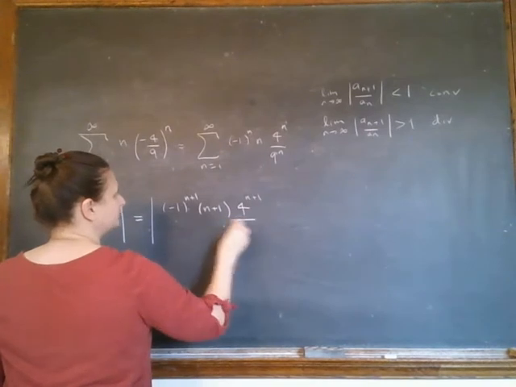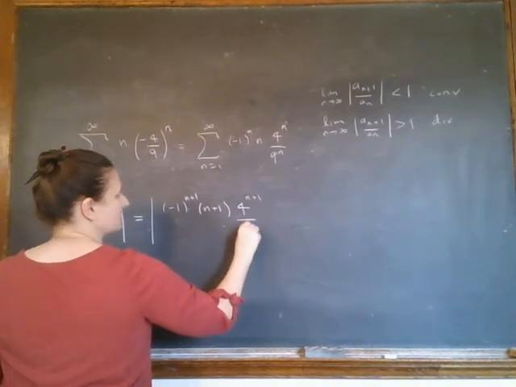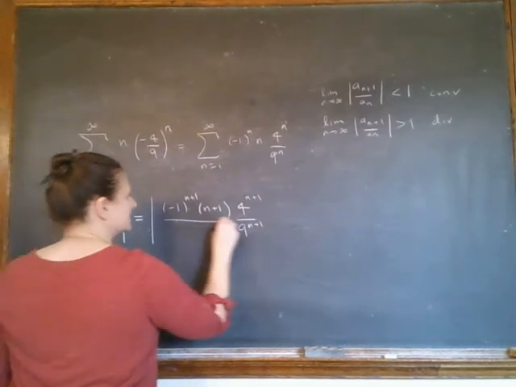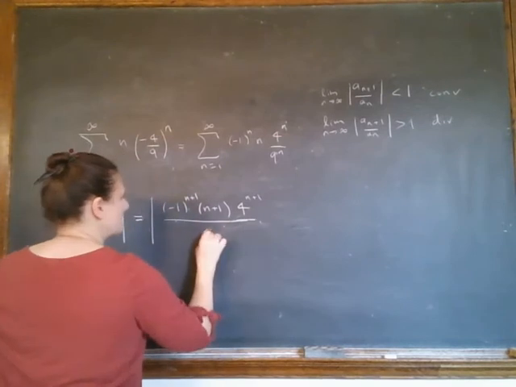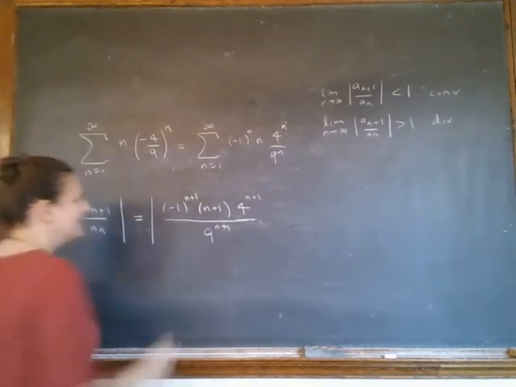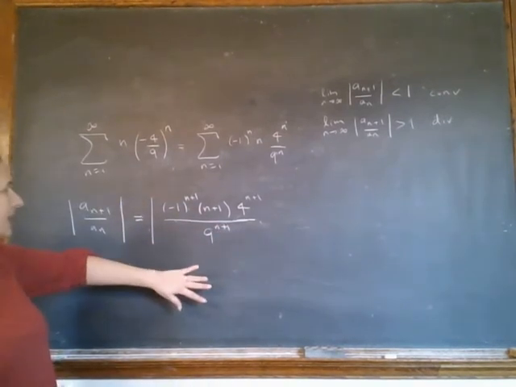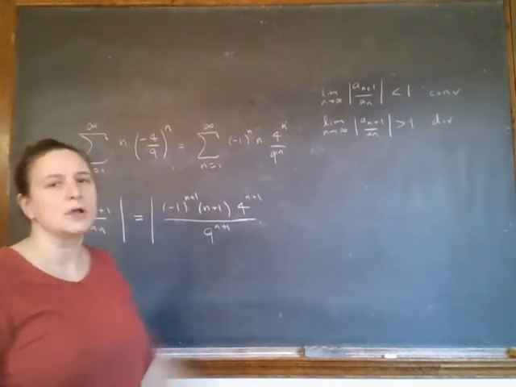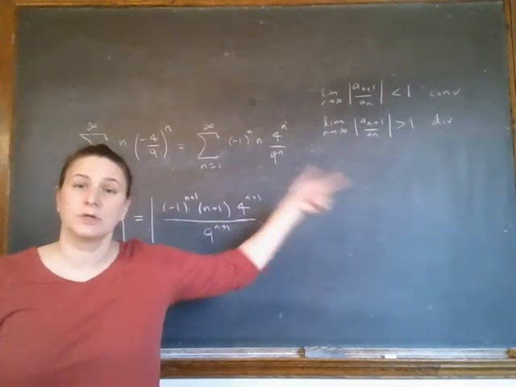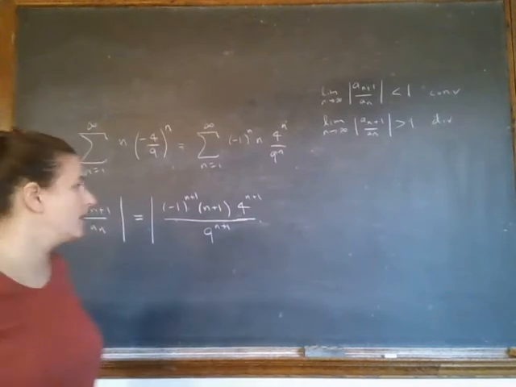And divided by a_n, these are almost always going to be fractions, so you can just go ahead and immediately write it as multiplying by the reciprocal.